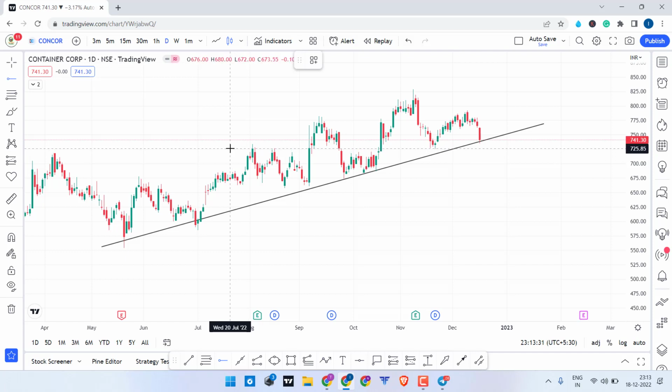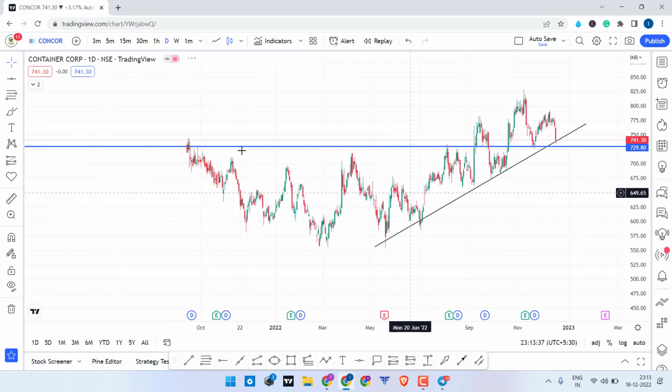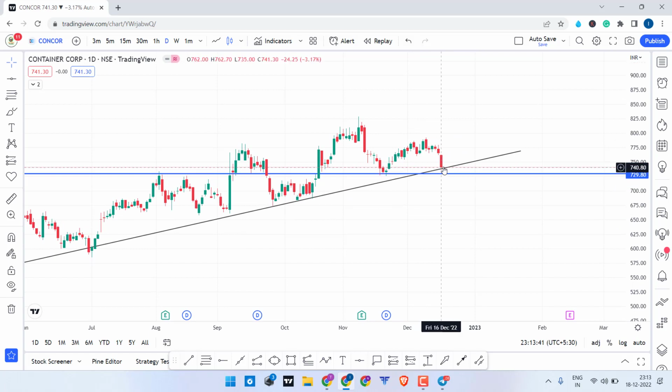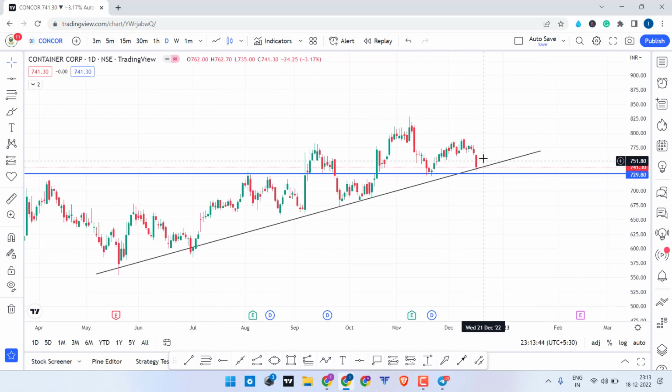And let me draw this. This is a very good support. Okay, you can see we got multiple rejections also. And if we see any bullish candle here, we will keep stop loss below this support and we will take the entry. So this is how you have to do your multi time frame analysis.